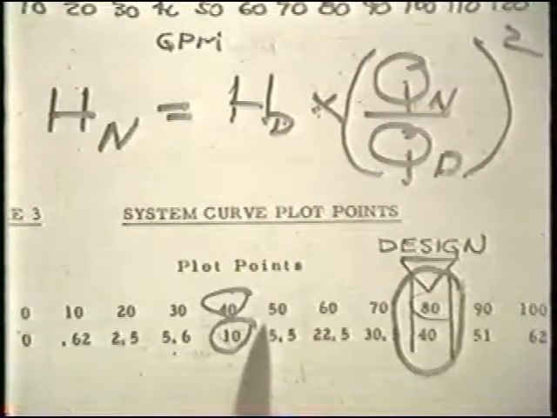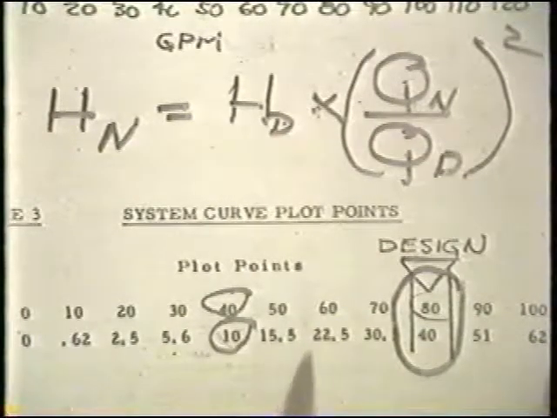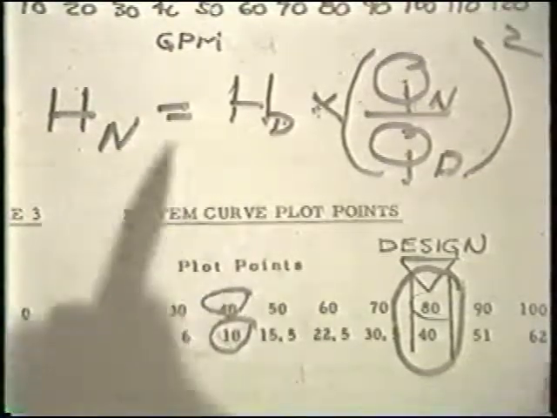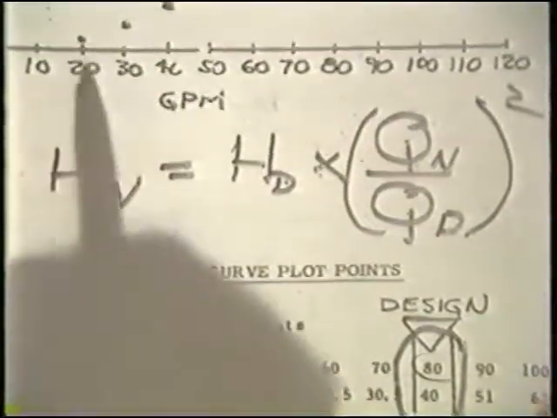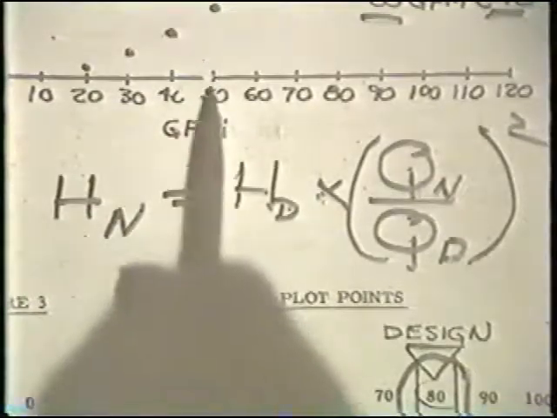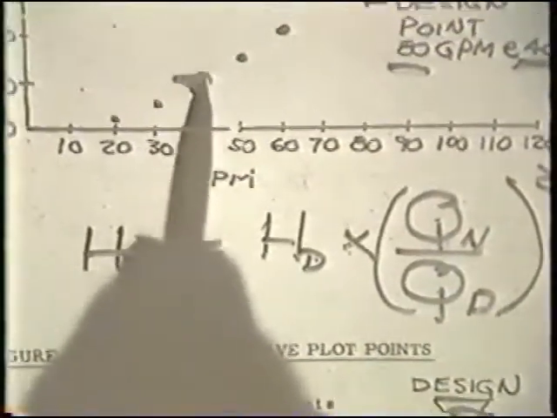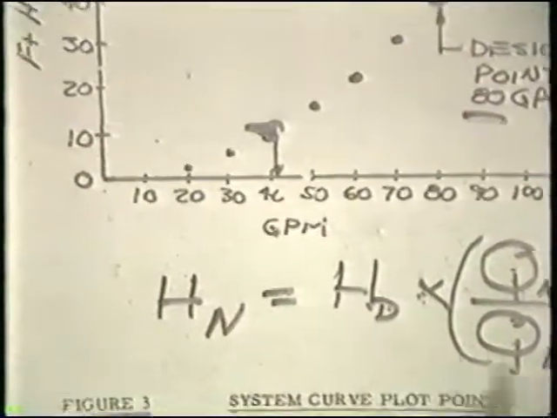The 1/2 is squared. That half squared times 40 is 10 feet. So we then have 10 feet as a new flow point.